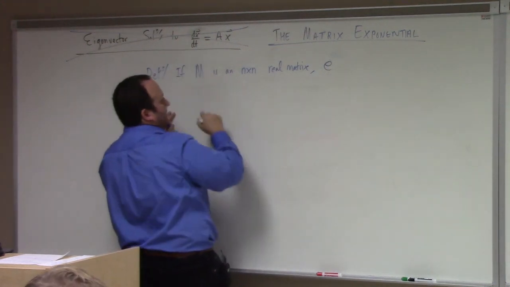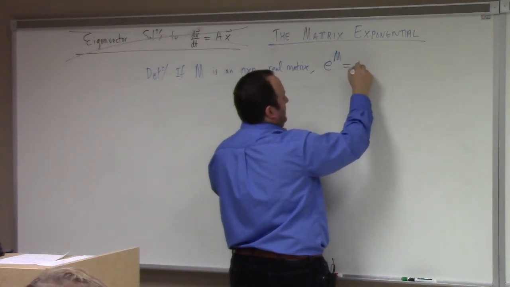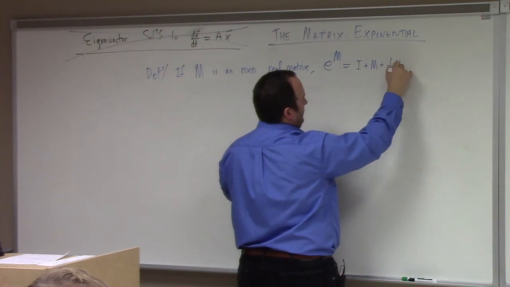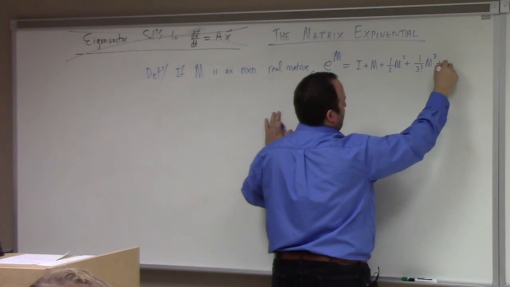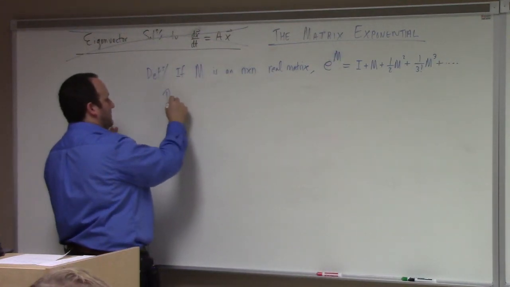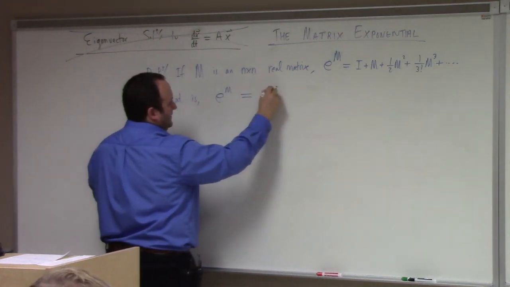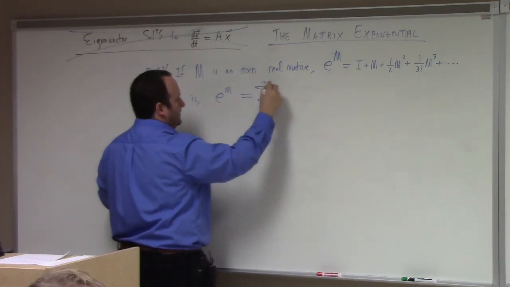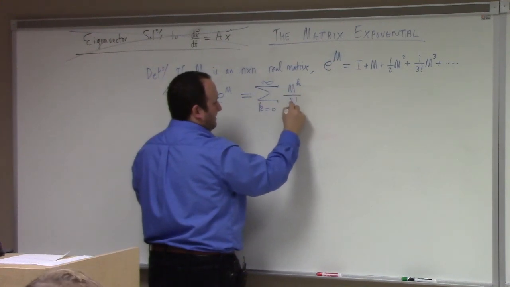E to the M is equal to I plus M plus 1/2 M squared plus 1 over 3 factorial M cubed plus dot dot dot. That is, e to the M is defined to be the sum k equals 0 to infinity of M to the power k over k factorial.